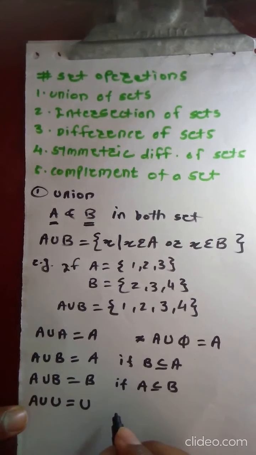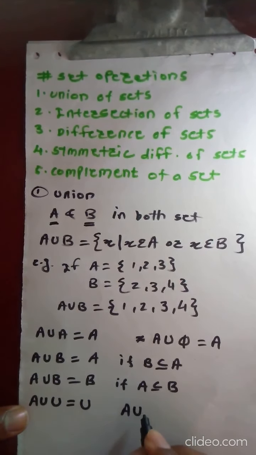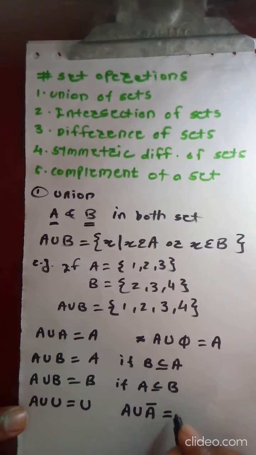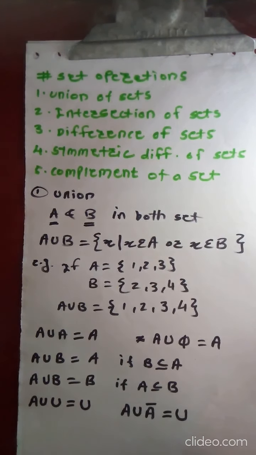Then next property is A union A bar, that is complement of that set, then is equal to universal set, right? A union A complement, then its output is universal set. So this is about the union of sets.